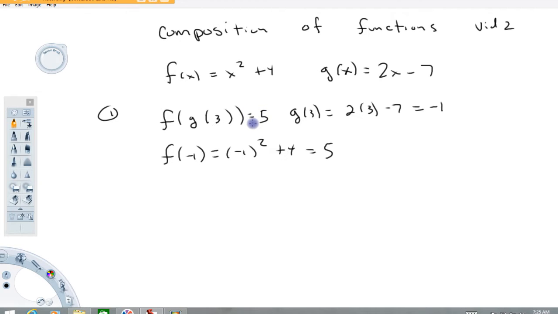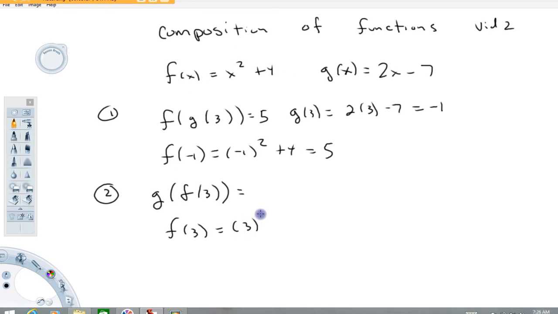All right, next one. Now we're going to find g of f of 3. Again, I think I'll do this the same way. Start by finding f of 3. We get f of 3 by plugging 3 in for x into the function f.